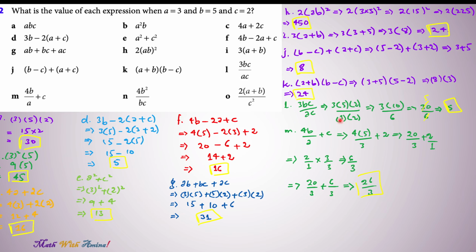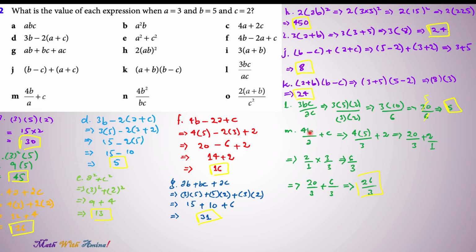In the denominator, 3 multiplied by 2 is equal to 6. Now we have 30 over 6. If we further simplify it, 6 multiplied by 1 is equal to 6. 6 multiplied by 5 is equal to 30. So the final answer is 5, which is the value of this expression when the value of a is 3, the value of b is 5, and the value of c is 2.